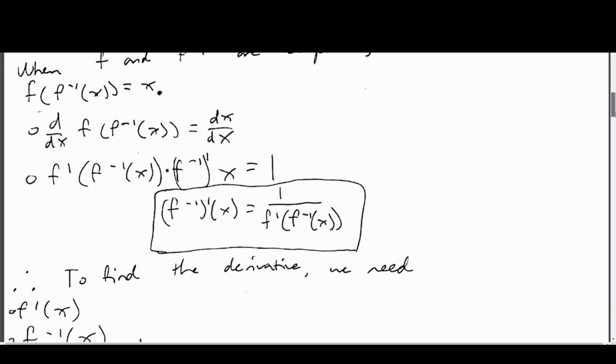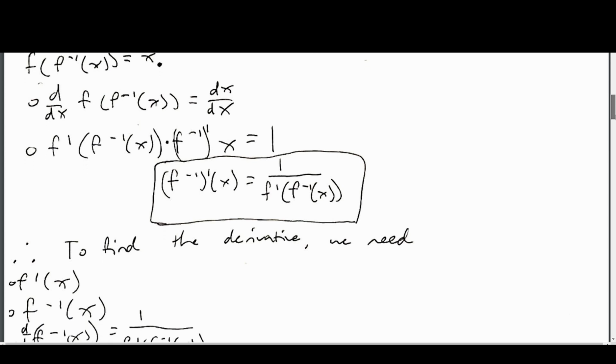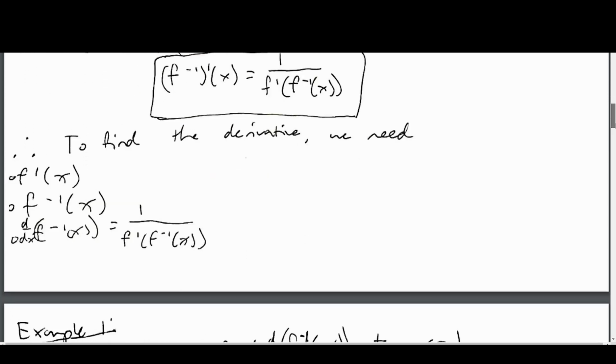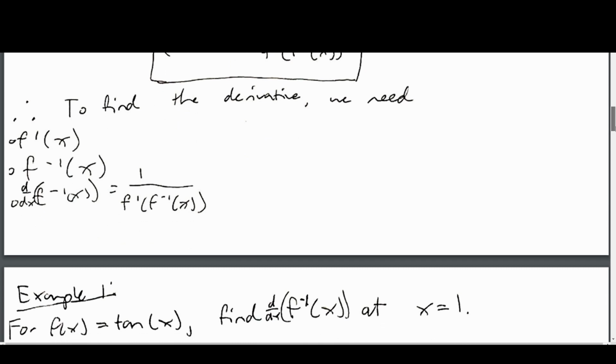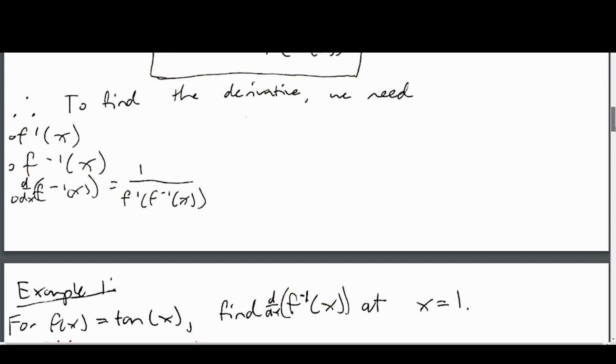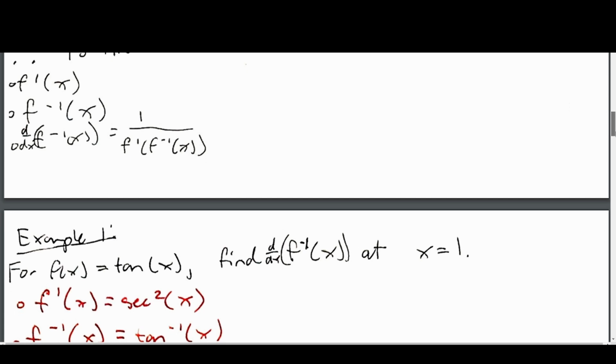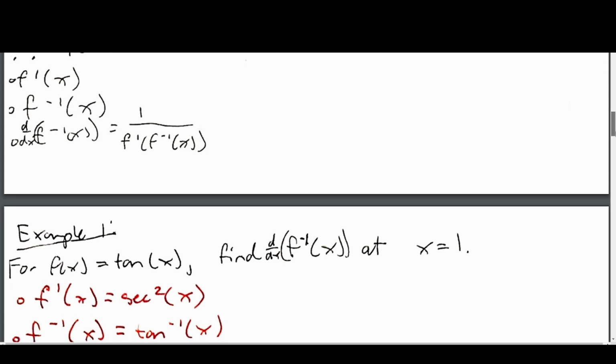So therefore, to find the derivative, we need f prime of x and f inverse of x, and then this relationship right here. For example 1, we have f of x equals tangent of x, and we need to find the derivative of f inverse of x at x equals 1. So we know that f prime of x equals secant squared of x, and f inverse of x is equal to arctan x.